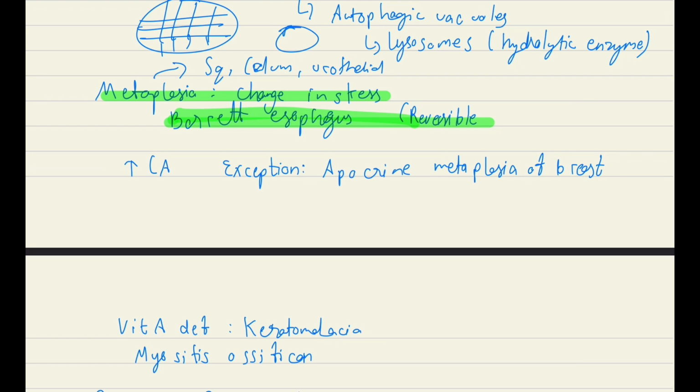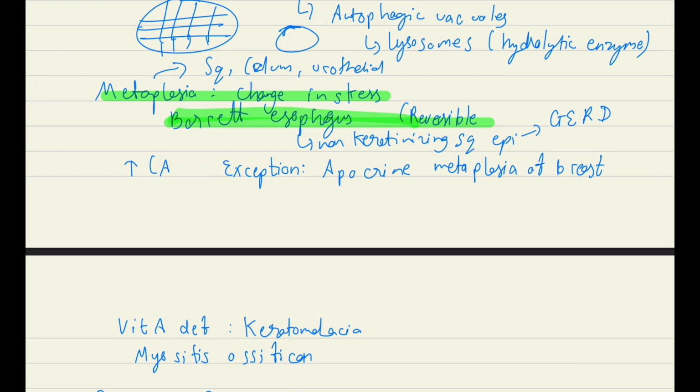The classic example is Barrett esophagus. What is the normal lining of the esophagus? It's non-keratinizing squamous epithelium. If there is recurrent GERD, gastroesophageal reflux disease, then the cells will start to adapt.